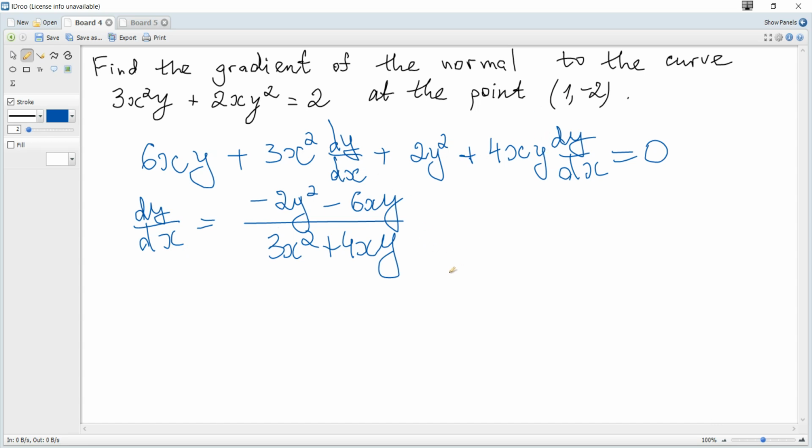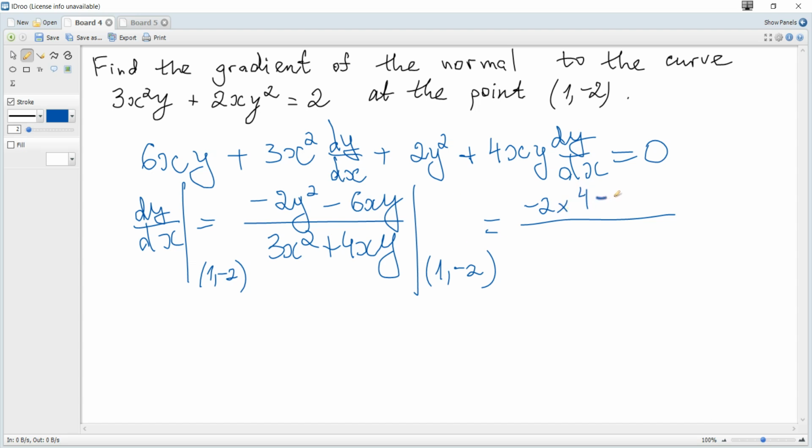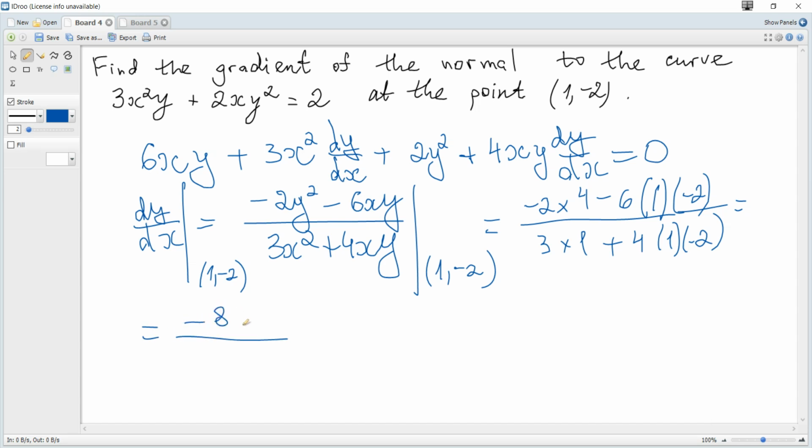And we need it at a point, so dy/dx at (1, -2) becomes, just substitute 1 for x and negative 2 for y, and get negative 2 squared times 4 minus 6 times 1 times negative 2, over 3 times 1 plus 4 times 1 times negative 2, which is negative 8 plus 12 over 3 minus 8, so it's 4 over negative 5.